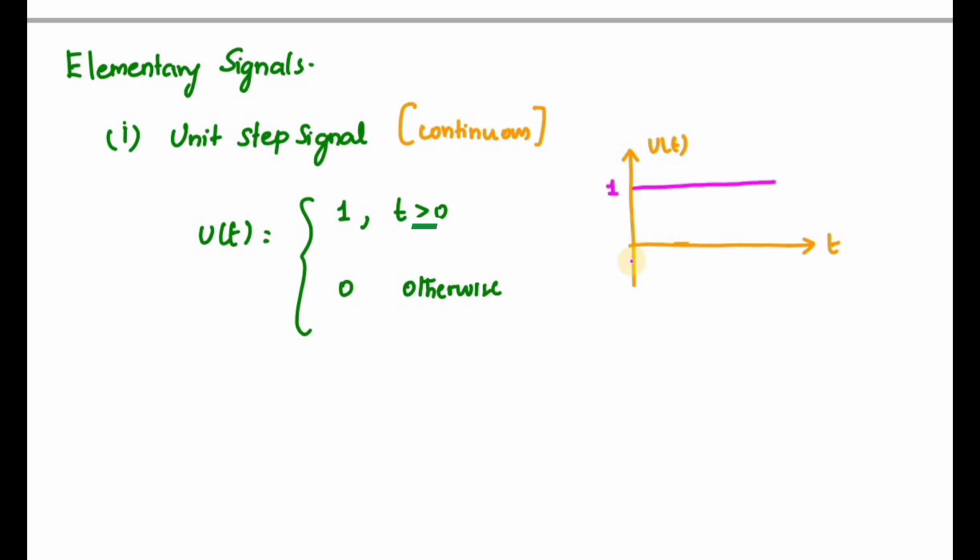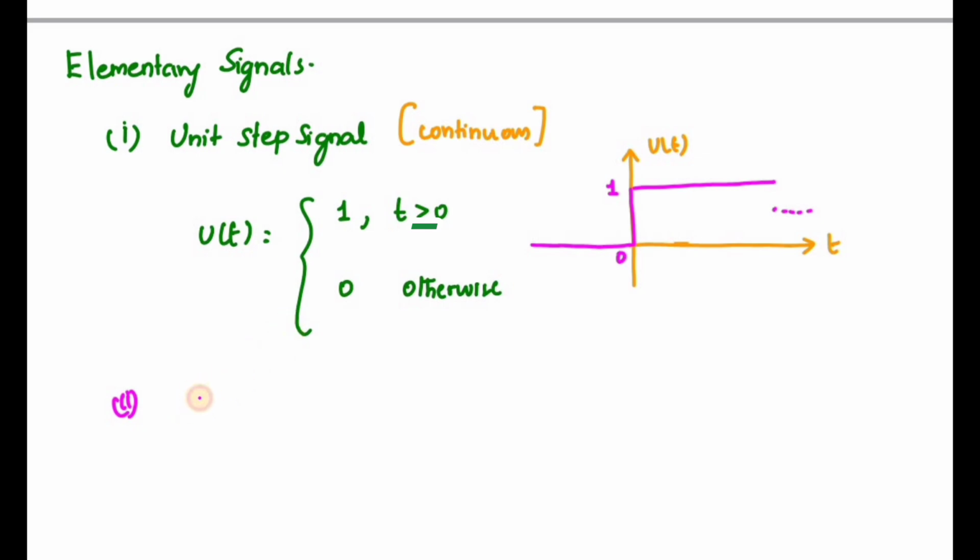So if a person applies a brake, for continuous time, 0 is the starting point, and he applies it for certain seconds, and it is 0 otherwise. So this is your unit step signal. The analogy is applying the brake.